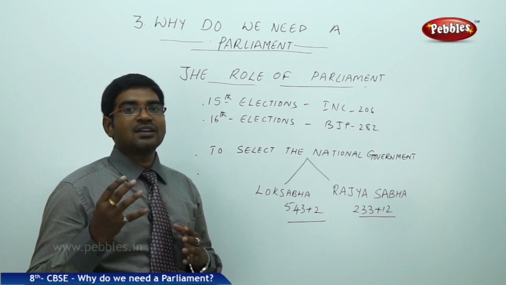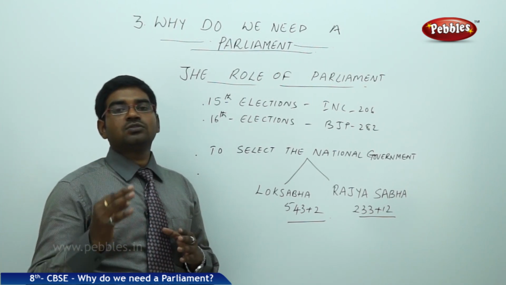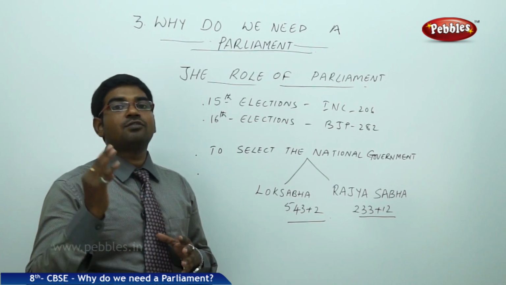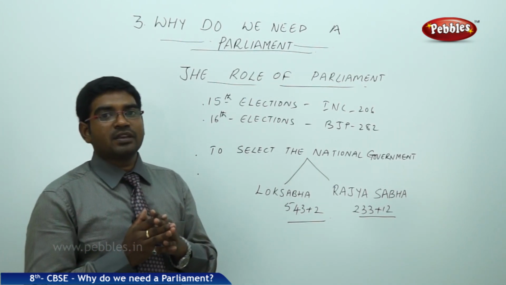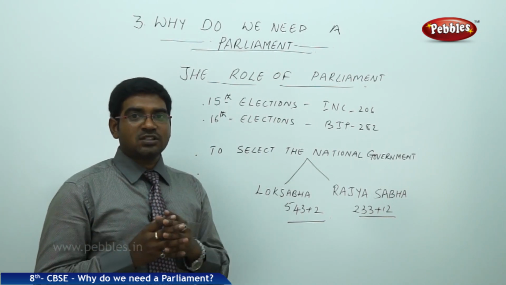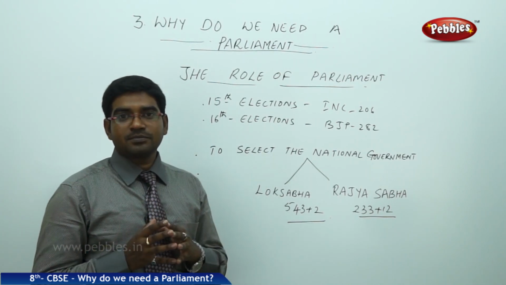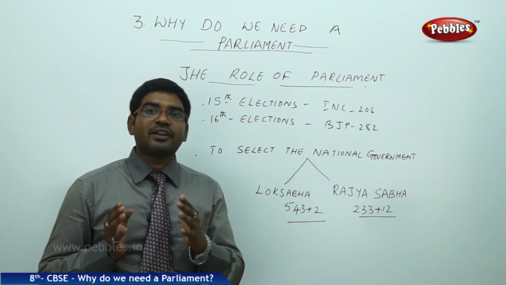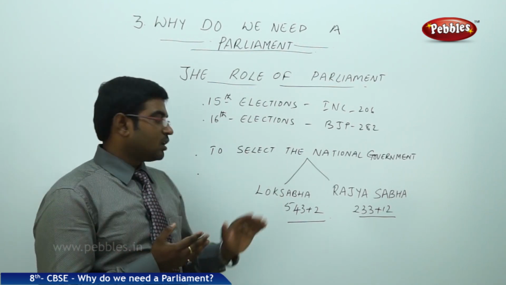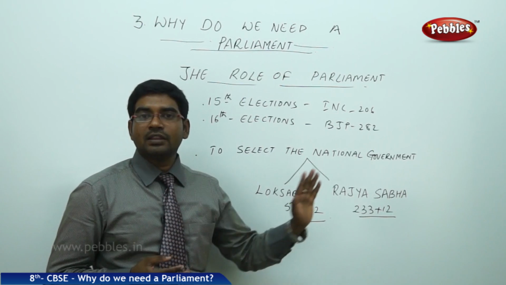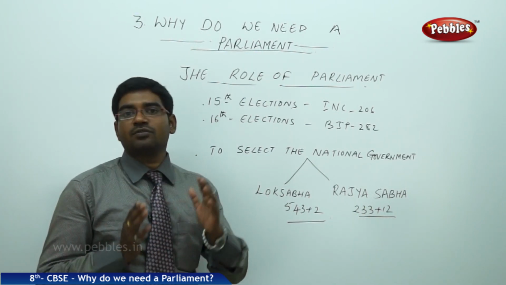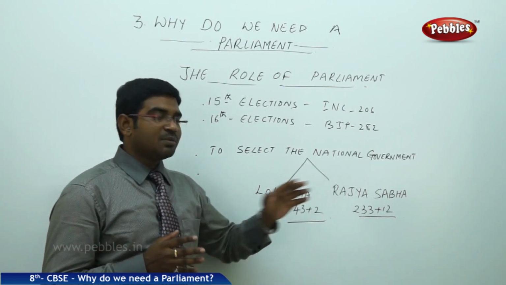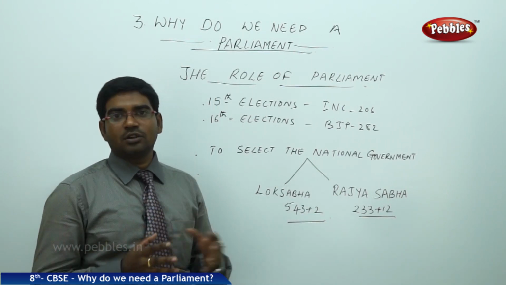Westminster Hall is considered the mother of all parliaments, because from there the first democratic parliamentary structure evolved. So we also adopted a similar model: Lok Sabha is just like the House of Commons, and Rajya Sabha is just like the House of Lords.